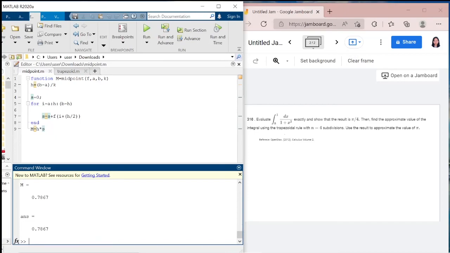We have another value 0.7867, and let's try to approximate pi by multiplying this again with 4. And we have a value near pi. Both methods give adequate approximation, but the accuracy is still not reliable.